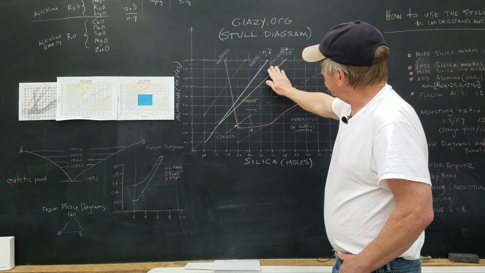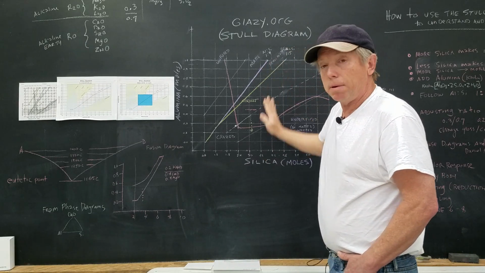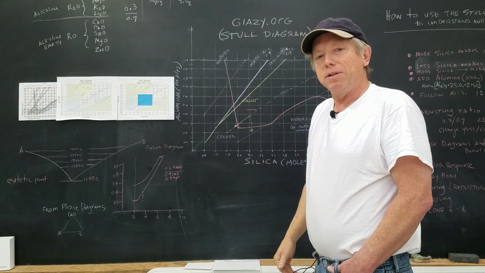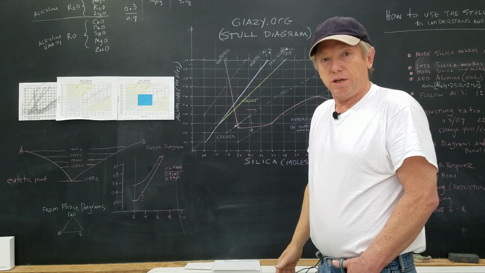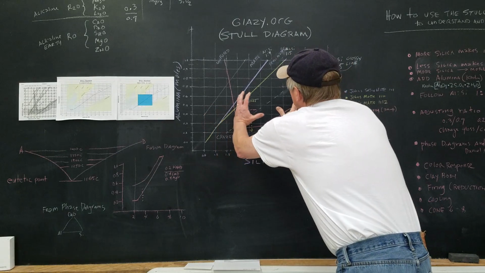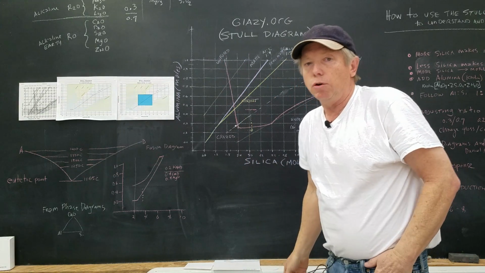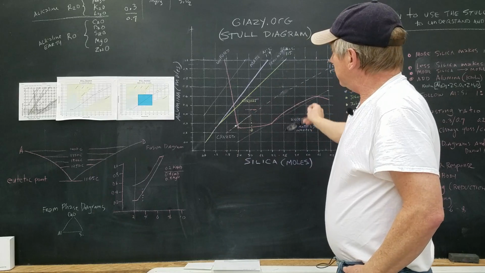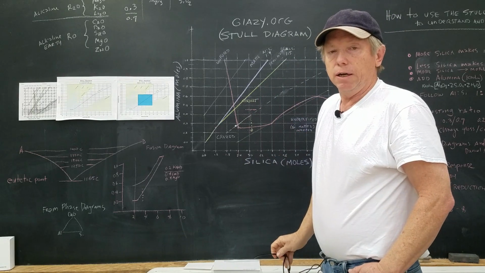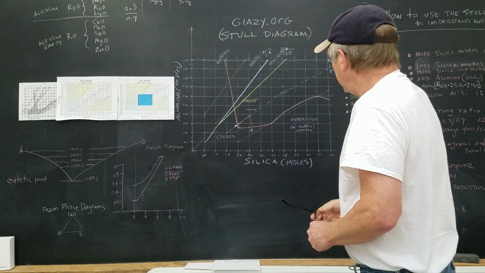And you can't assume this is going to be matte and semi-matte either, because it depends on your firing and cooling cycles. It may shrink down, it may expand out, so you have to be a little flexible in your thinking, but this gives you a generalized idea for most glazes.